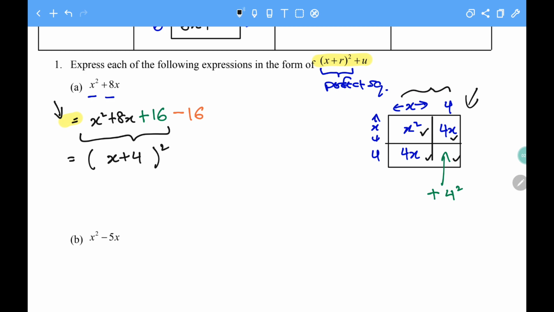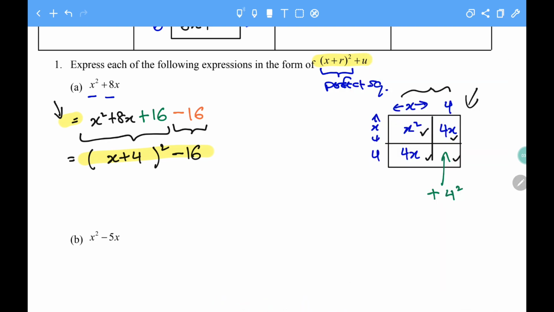Next thing is that I need to bring down my minus 16. So now you have completed your final answer here, and it looks just like this form here. So that is the completing the square method.